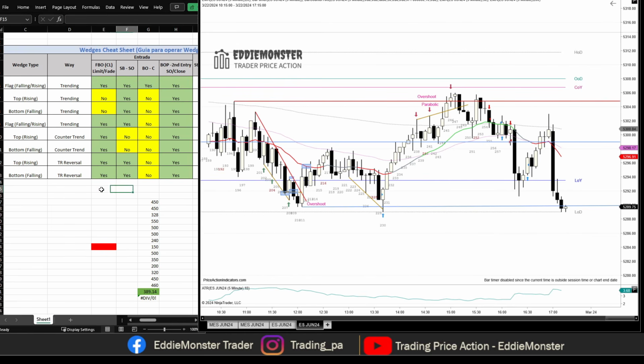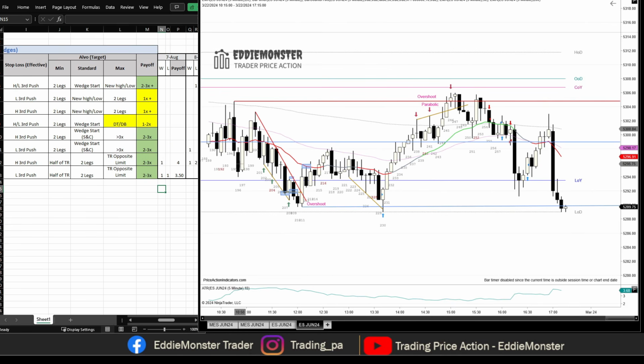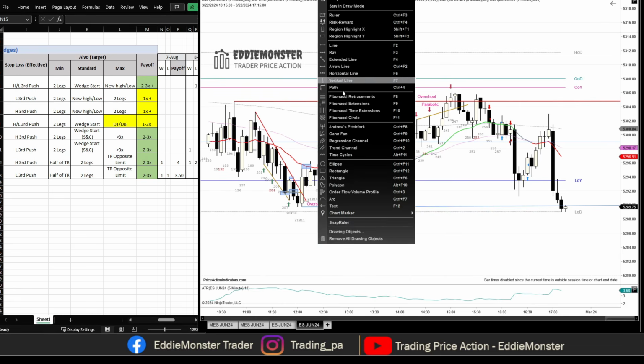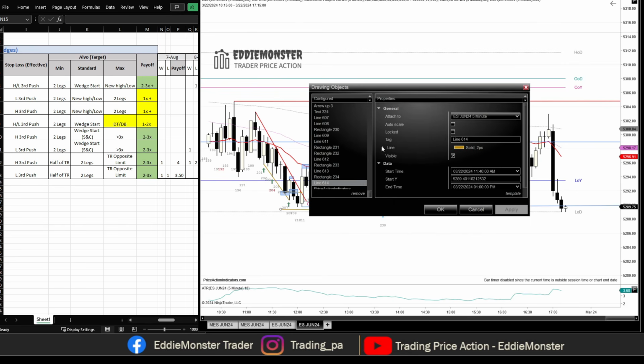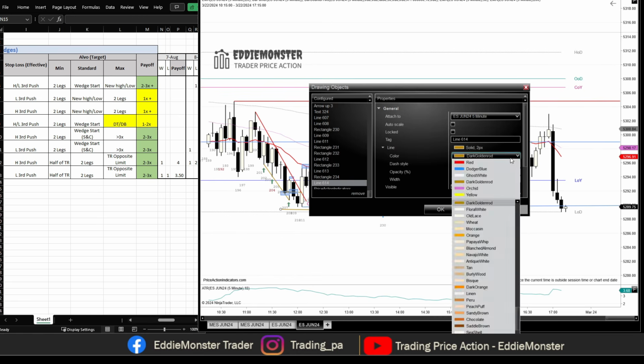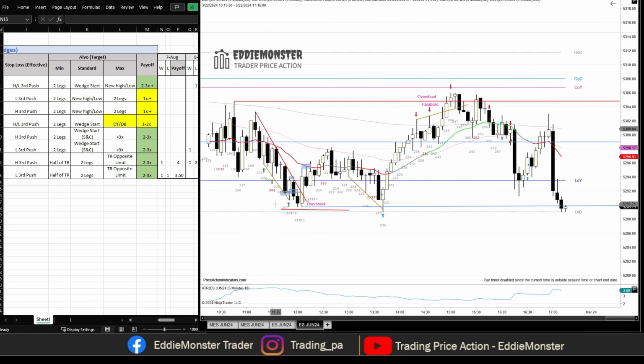So let's see what the protective stop is here. This is the protective stop, below the third push.